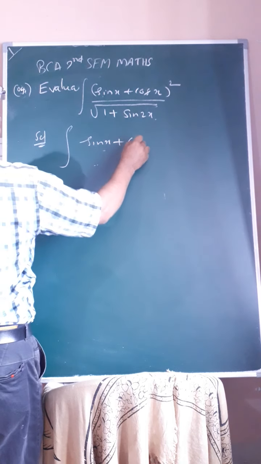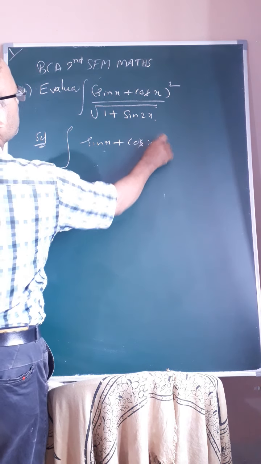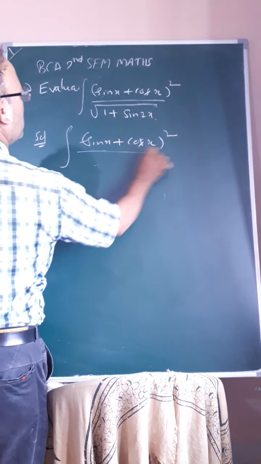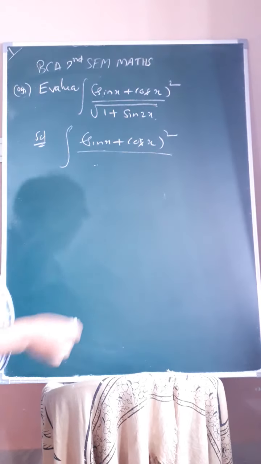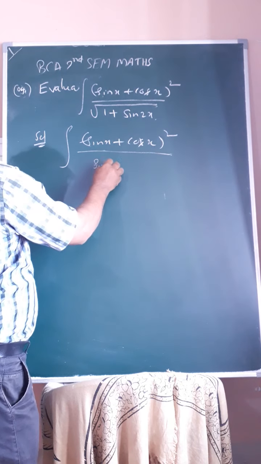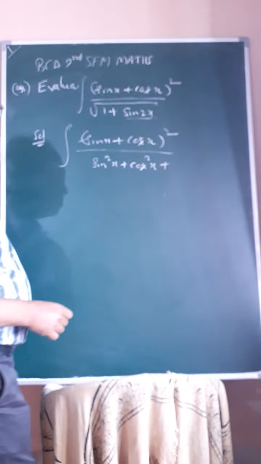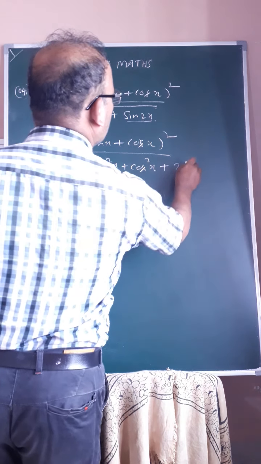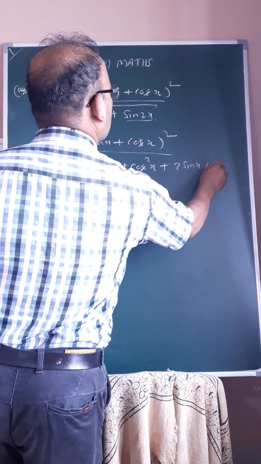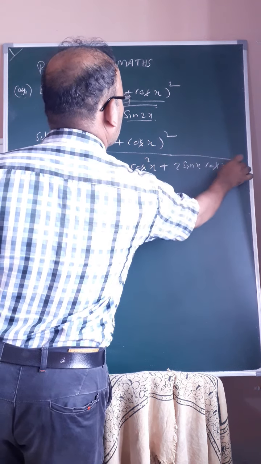Integration of sin x plus cos x whole square divided by, as I already told in the previous problem, this 1 can be written as sin square x plus cos square x, and this sin 2x can be written as 2 sin x cos x.